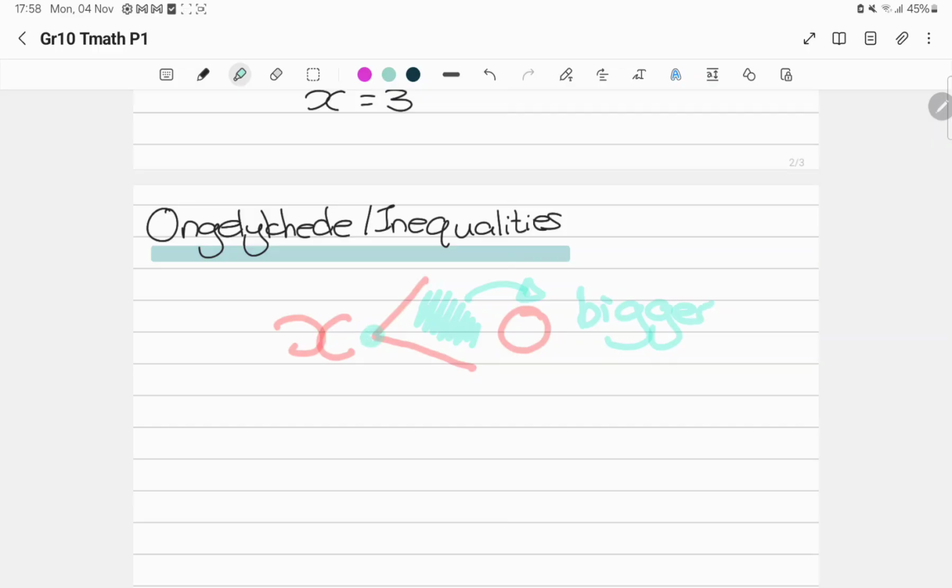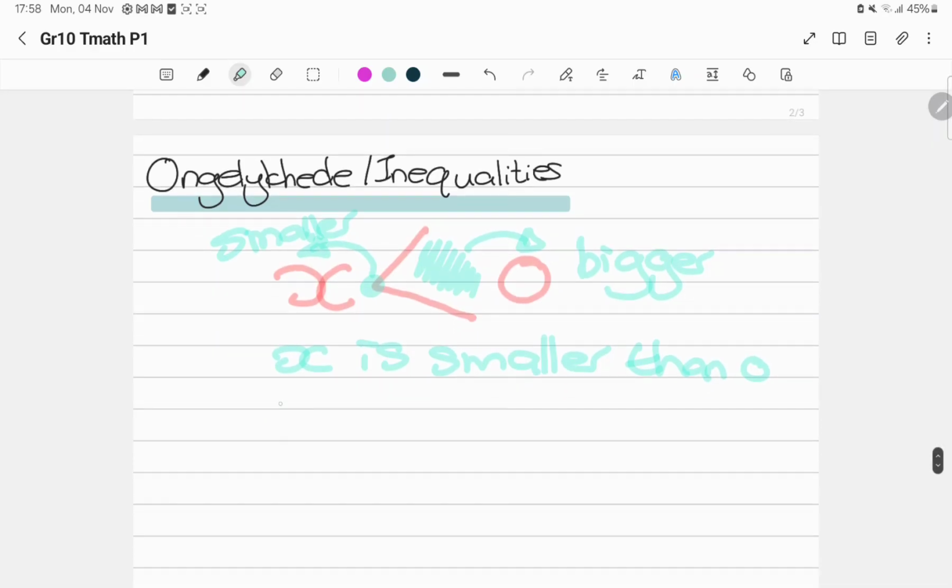This part is my point, and my point is always pointing towards the smaller number. So what is this telling me? It's telling me that x is smaller than 0. Putting this in nice mathematical language, x is less than 0.